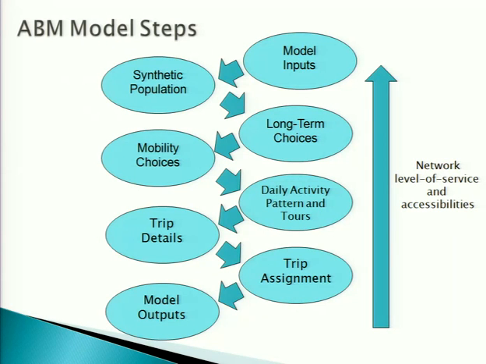Like you'll go to work once, maybe you go to work twice. Then define the number of trips. So for each work tour, do you make stops along the way? Do you go to the grocery store, things like that? Then choose routes for all that information. And then there's feedback loops and things. I'll skip that for now. And then you get to model outputs and analysis.